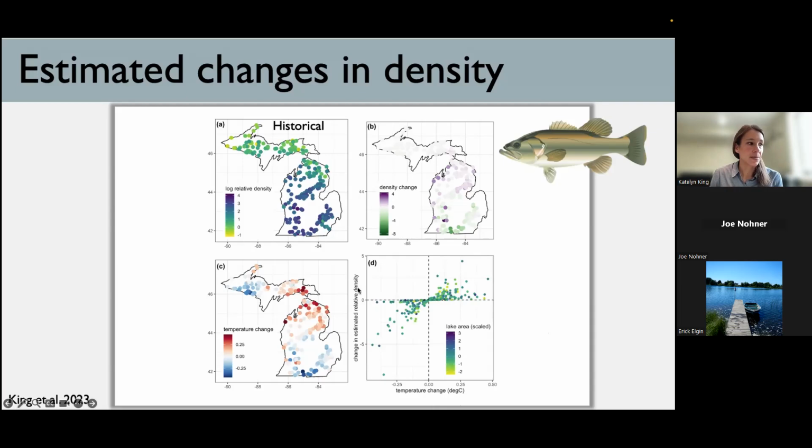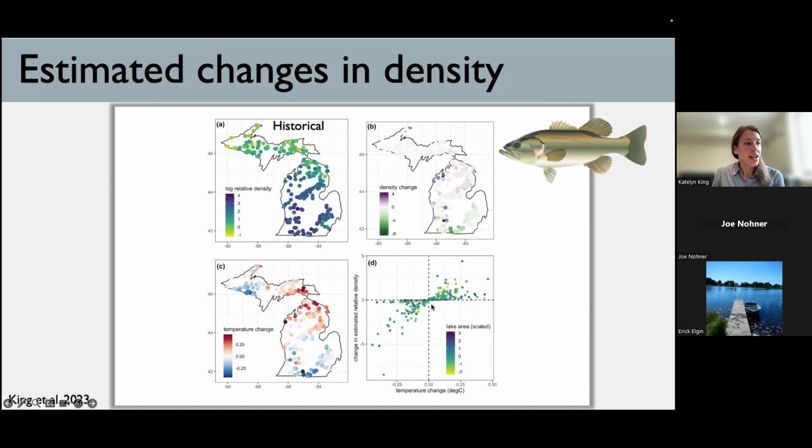And then the estimated relative density. So we see that positive relationship, but there's a lot of variation. And so I plotted the color based on lake area. And the larger lakes are those darker colors. The smaller lakes are the lighter greens and yellows.